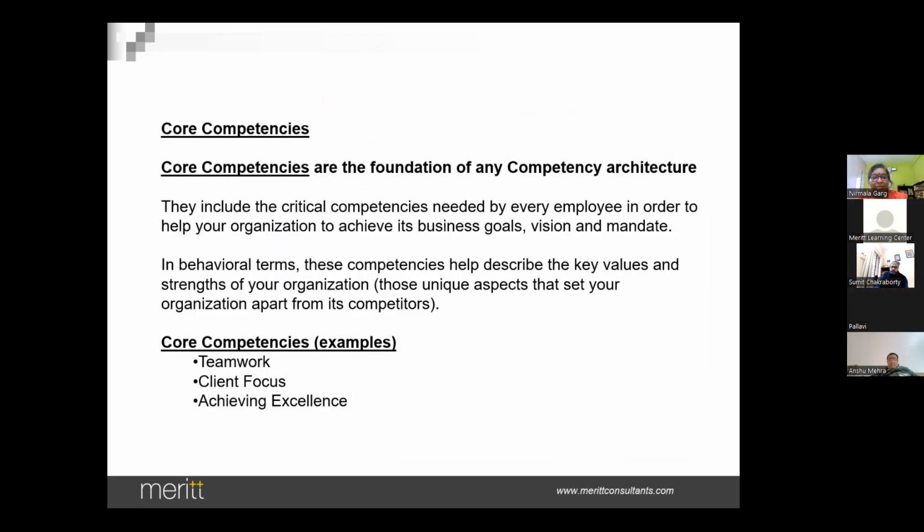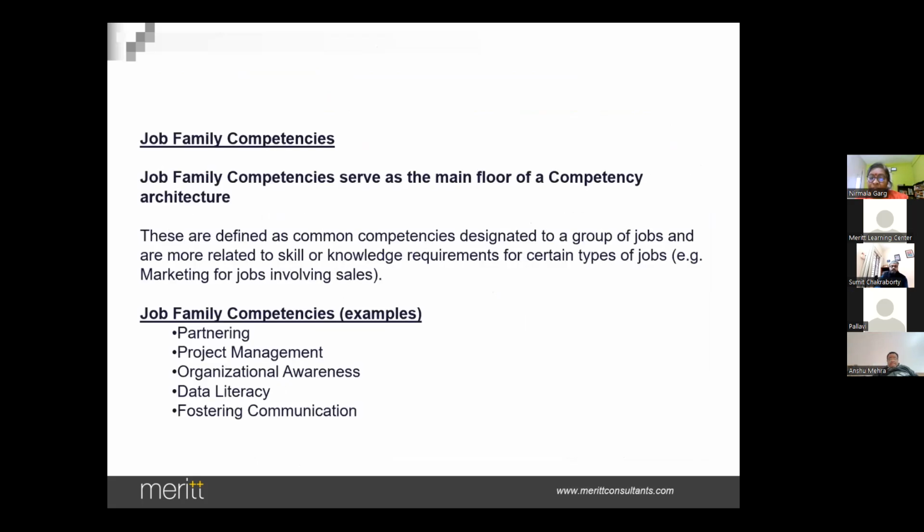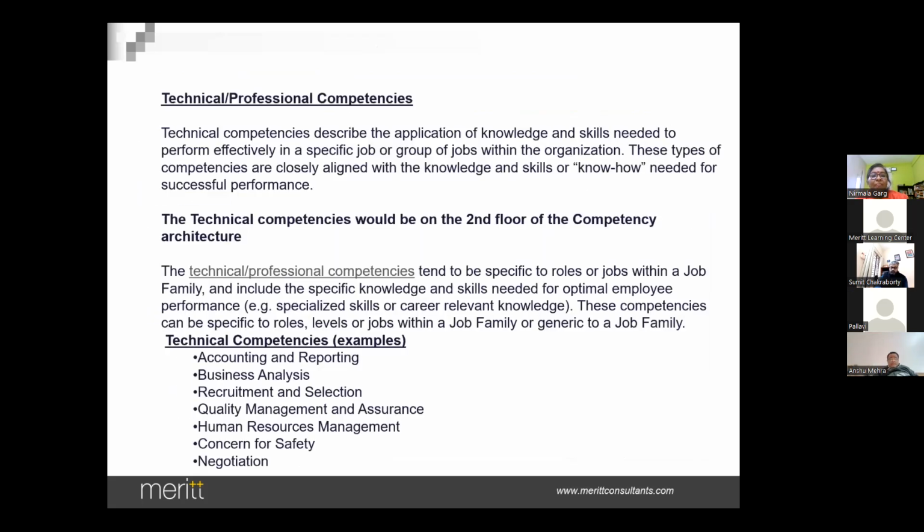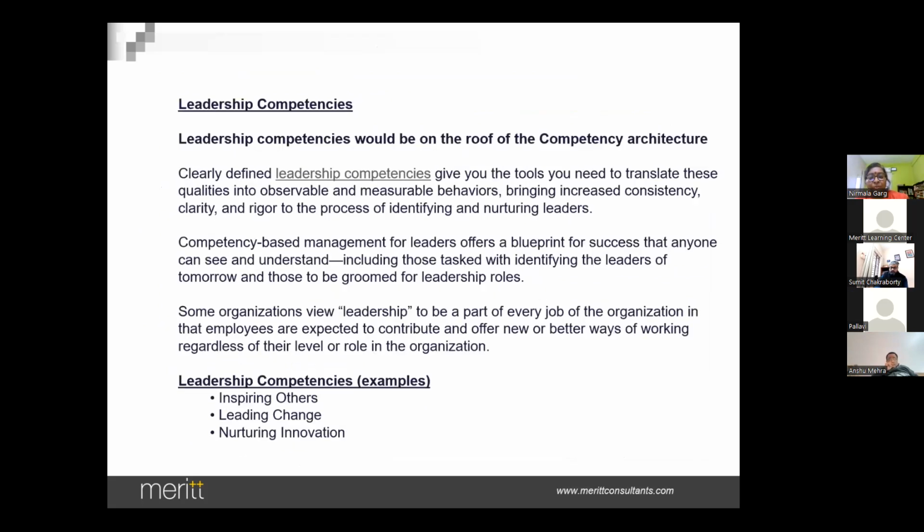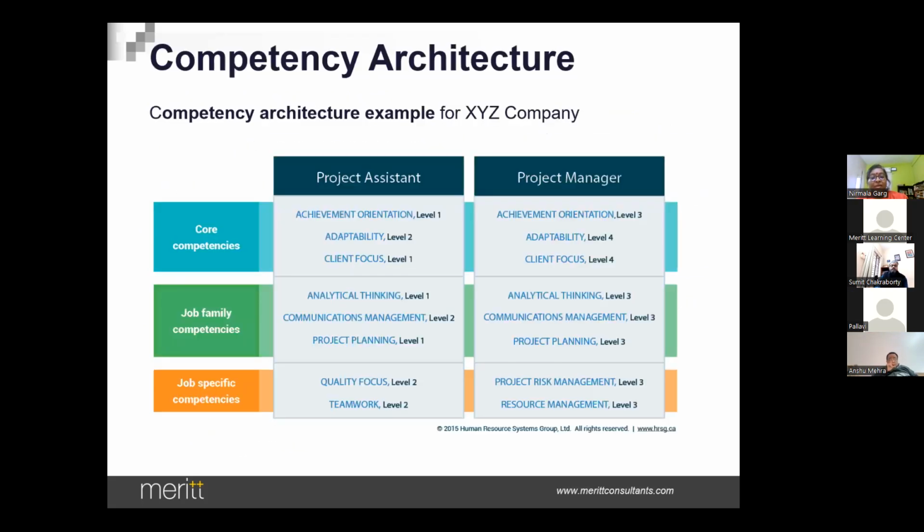So competencies can be core competencies, as I said, they can be teamwork. For example, if I'm a service-oriented company and obviously very client-focused, that becomes my value. So I've written here some examples of core competencies like teamwork, client focus, achieving excellence. Then there could be technical competencies. Then you can have leadership competencies, etc.